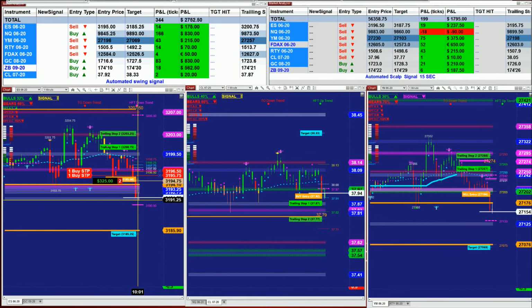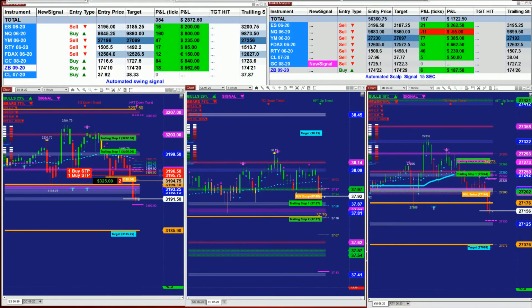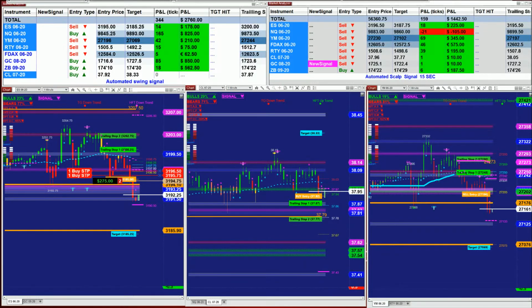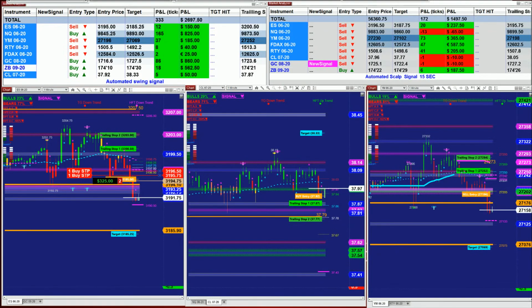If it is able to close the bar below that, then we are okay on that one. It just armed the YM. I apologize. Just 1 second, please.